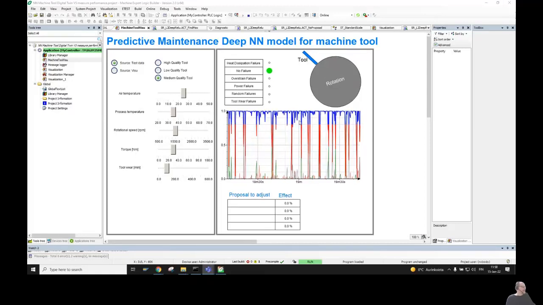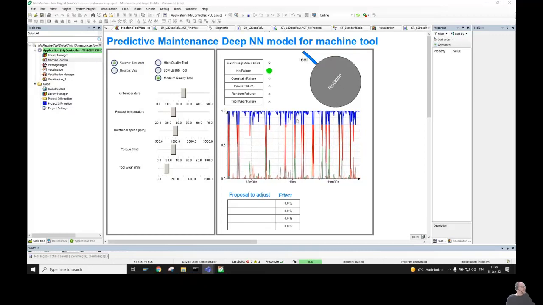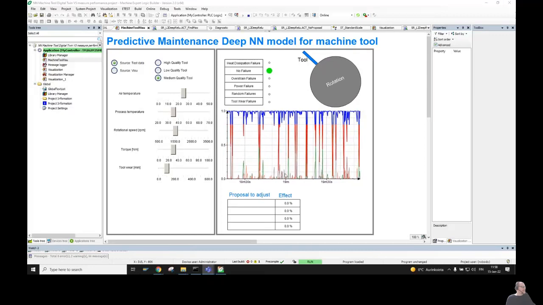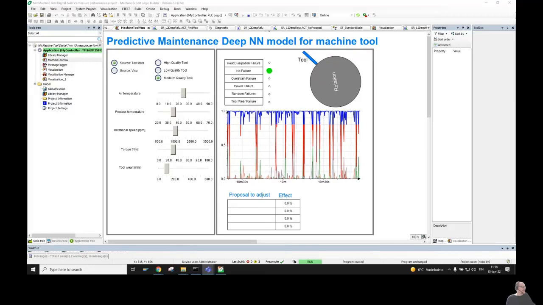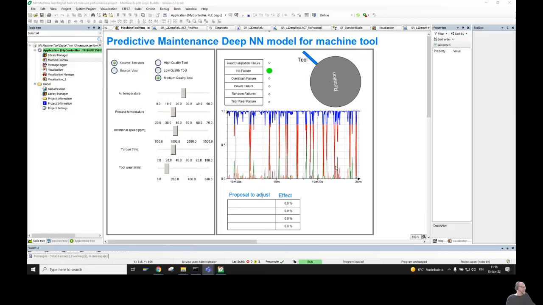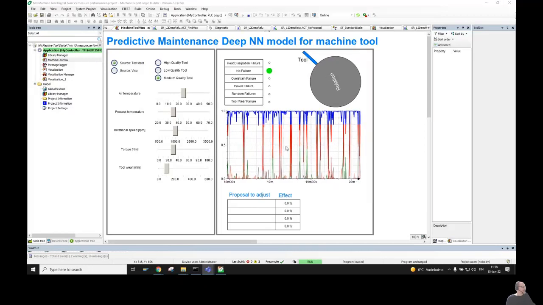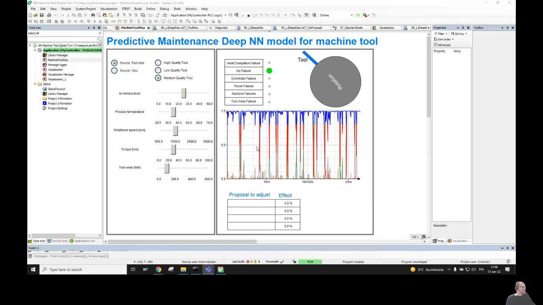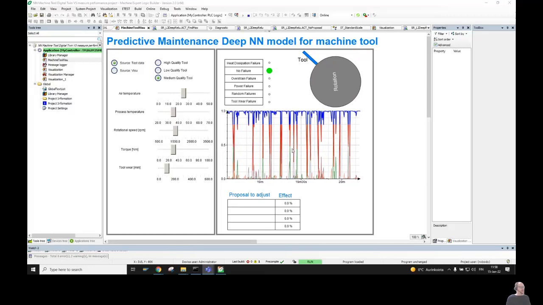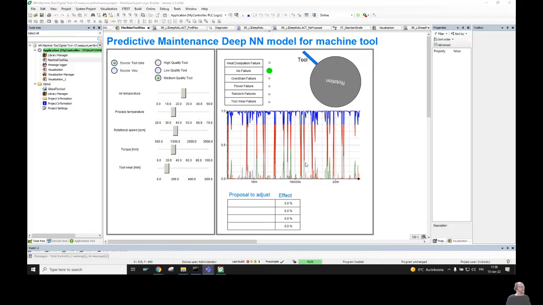And then this visualization or graph is showing whether there is failure or not, and also what other failure modes there are and what their probability is. They are of course low here, but sometimes they are peaking depending on the input parameters. This is just test data for showing how this graph is working.